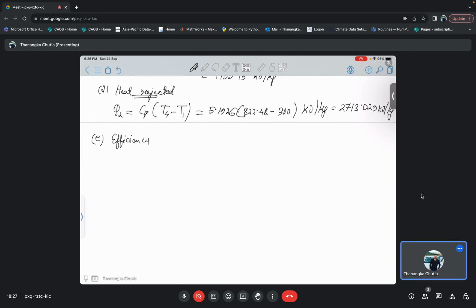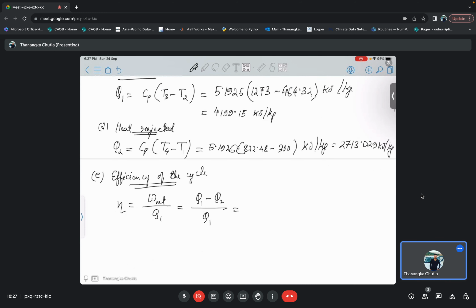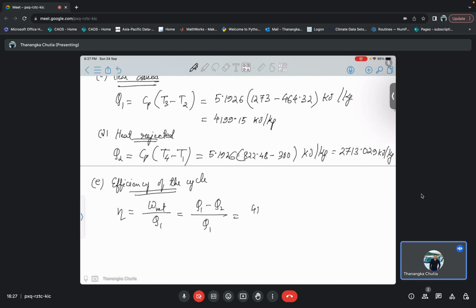Efficiency of the cycle, eta, W net divided by Q1, that is Q1 minus Q2 divided by Q1. What is Q1? 4199.15, Q2 2713.029 divided by 4199.15.